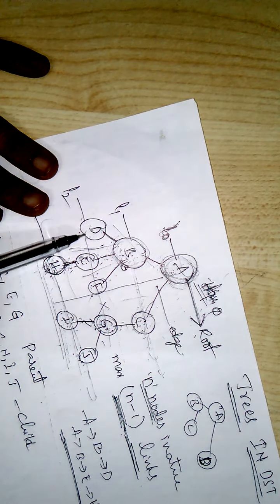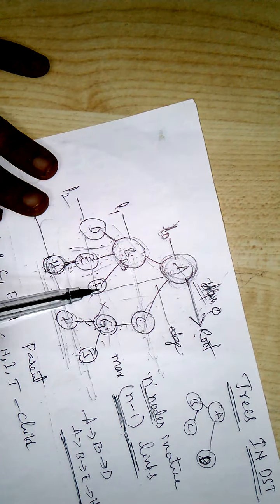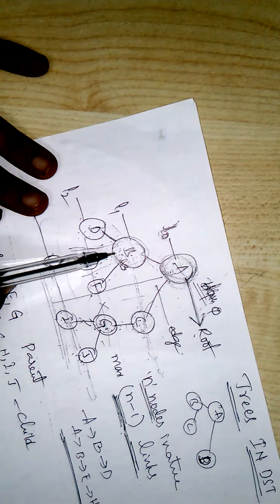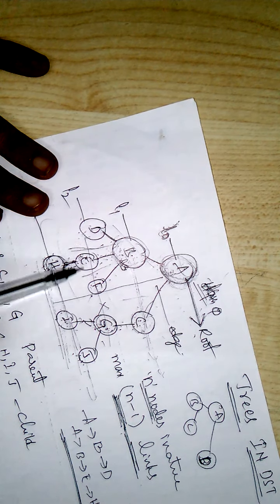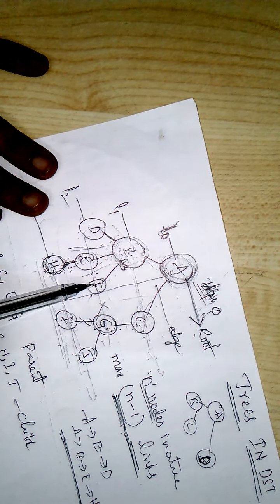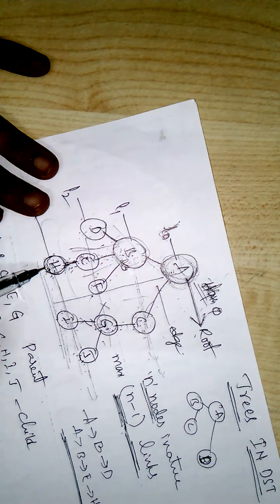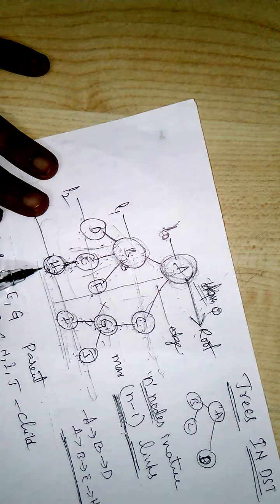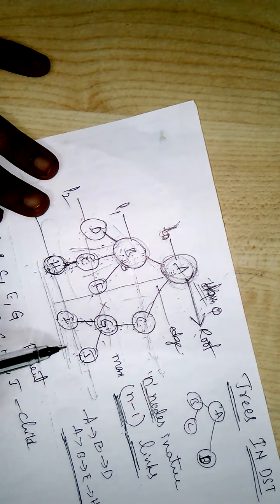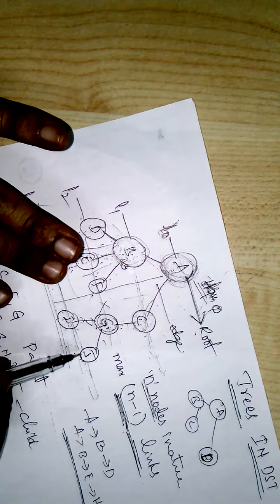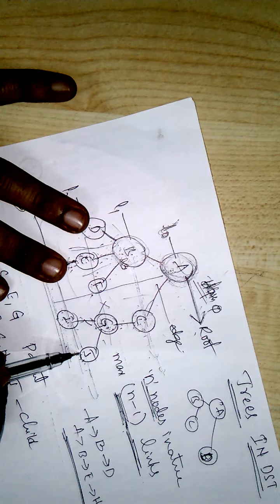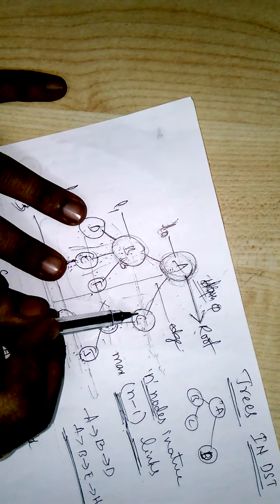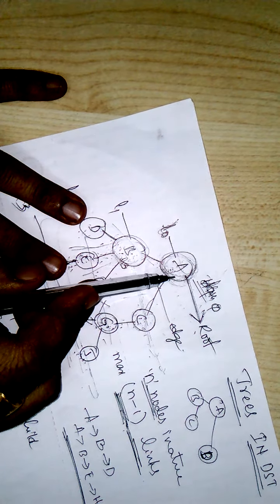If we take D, E, F, they are siblings belonging to the same parent B. We will say H, I, J are child nodes, but H is not a sibling of I and J; I and J are siblings. B and C are siblings which belong to the same parent.